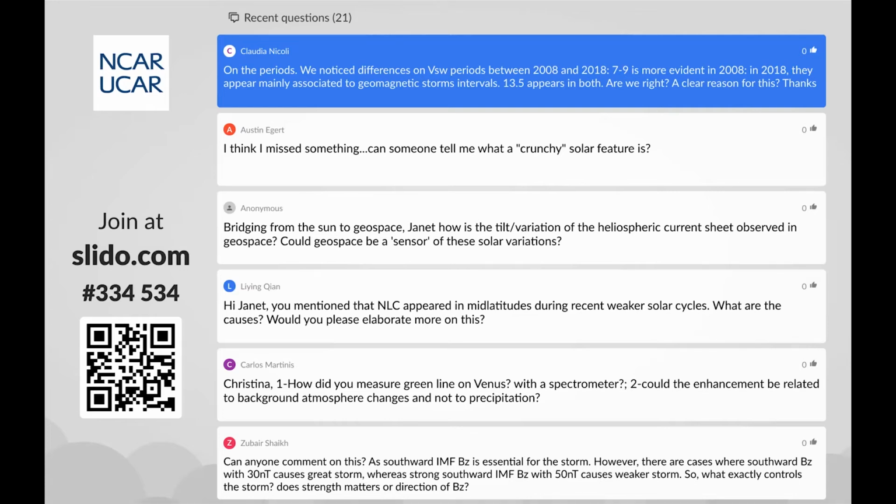I wonder what the same periodicities are in geomagnetic storms. Are there multiple active regions that are creating storms at the same time, as you rotate around? So I think that's interesting, but I don't have an answer for that. Anybody else?